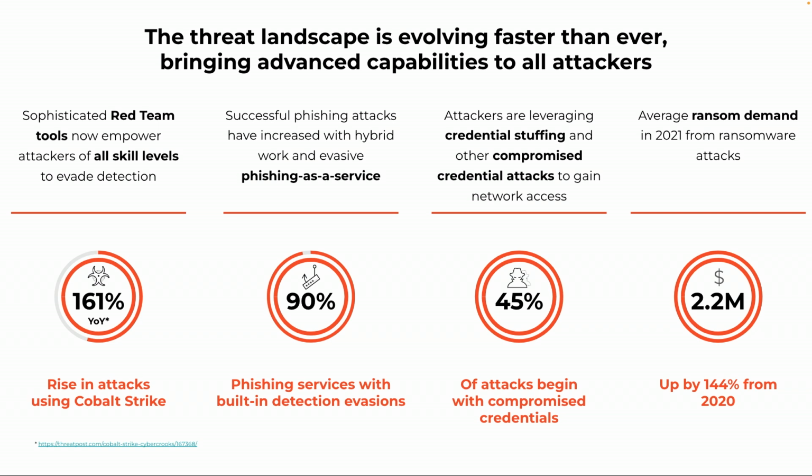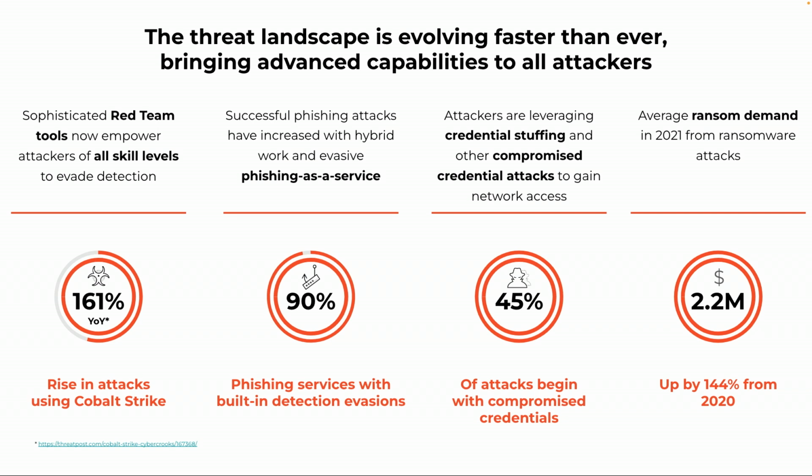The use of highly customizable tools such as Cobalt Strike makes it easy to create and modify payloads with ease. Cobalt Strike, being a red team tool, is available for everyone and easily accessible. This has led to a 161% rise in attacks, including Colonial Pipeline and many more.